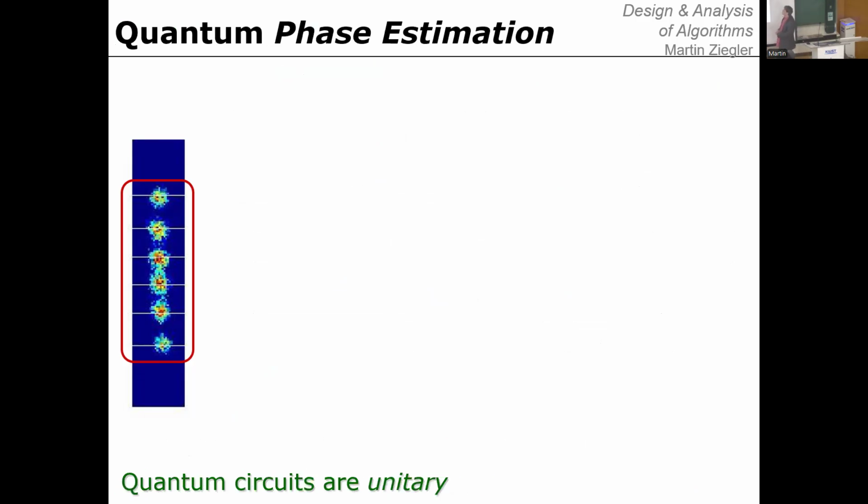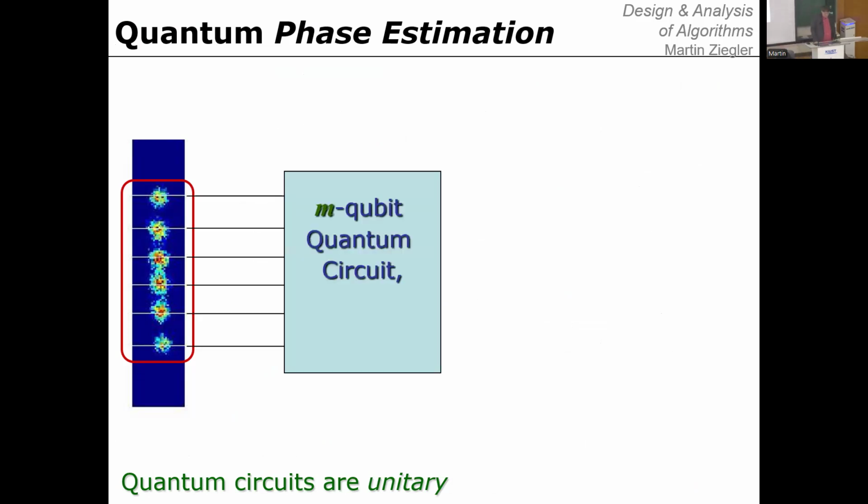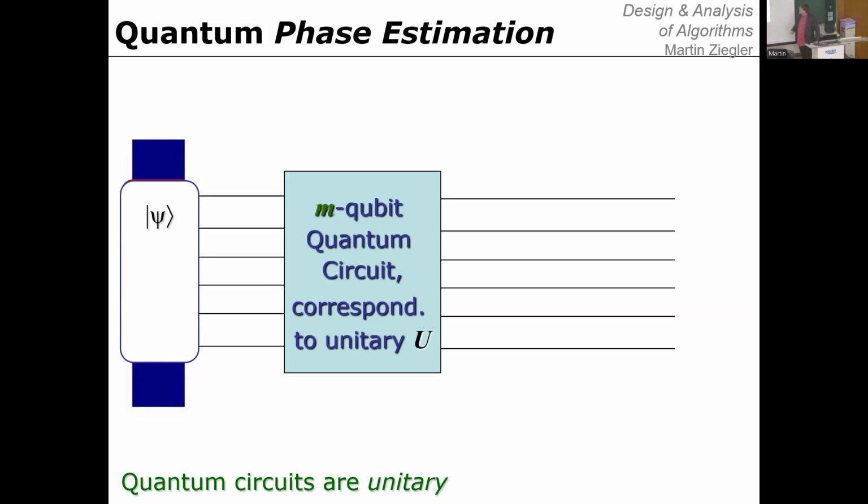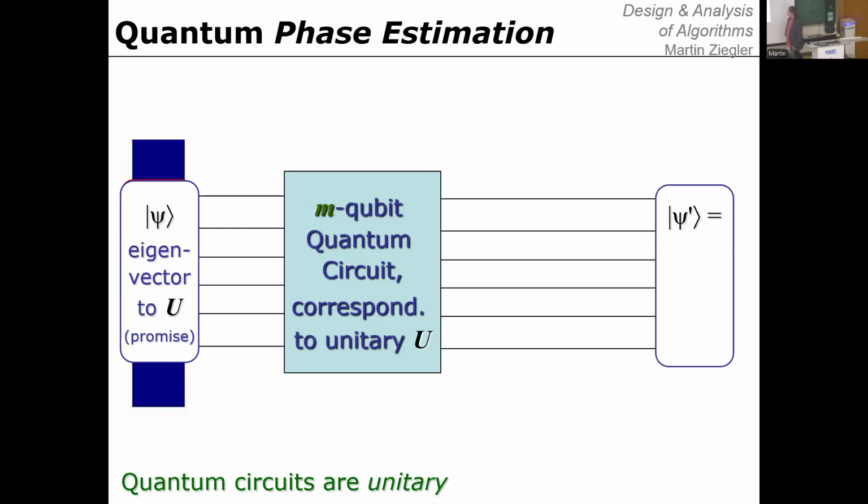And we started talking about quantum phase estimation as a meta problem where the input is a fixed unitary transformation. We'll have to discuss later how to represent that exponential size matrix using only polynomial information. And the input is a vector, a state vector, an exponential dimension vector, which is promised to be an eigenvector of this. Again, I'll remind you in a minute how we use that setting.